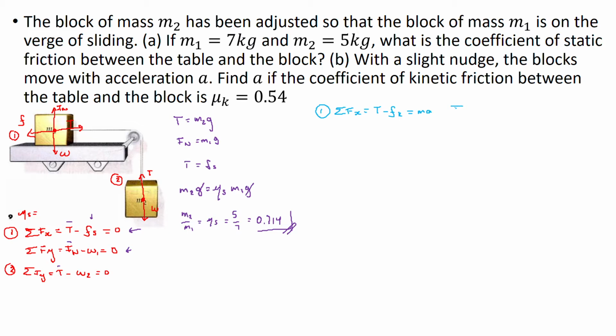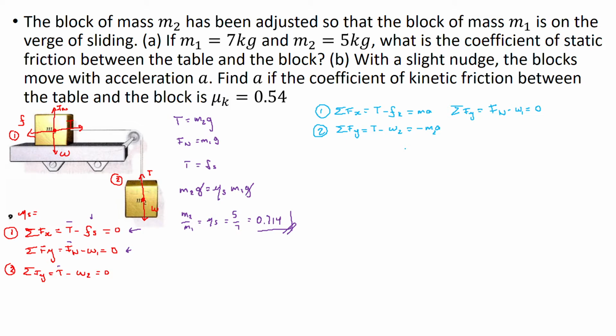The sum of all the forces in y is the normal force minus the weight, and it's going to be equal to 0. And finally, for the second one, we take all the forces in y because there is no x. It's going to be the tension minus the weight, and this is going to be equal to mass 2 times acceleration, but it's going down, therefore it has a negative sign. Okay, so there you go.